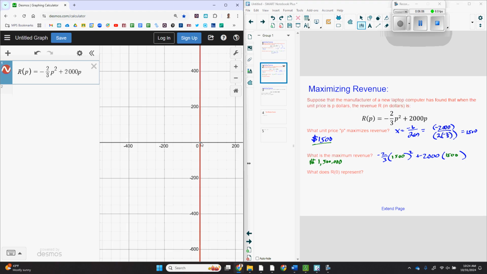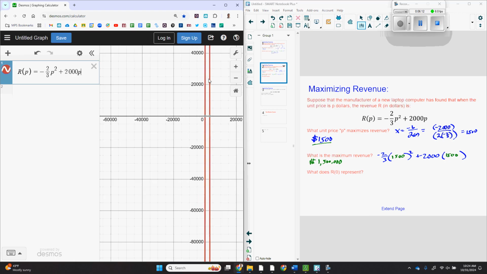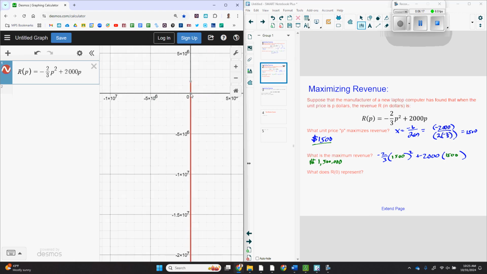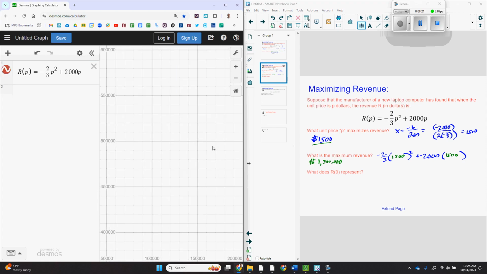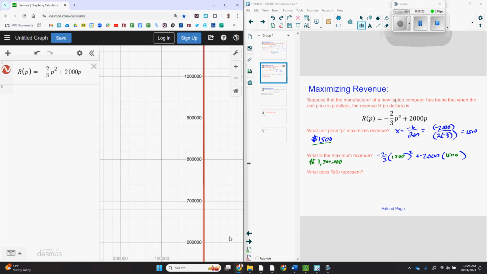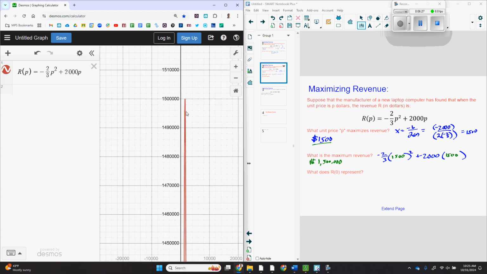And you'll notice a couple things. One, if I zoom way out here, this is finally the other side of that parabola. It opens way up, or the top of it, I should say, is way up here. I'm going to zoom out really far, and there you can see the top of it. Oh, zoomed in too much. It's a little bit tough to see. There we go. Yeah, it should be right there at 1.5 million.